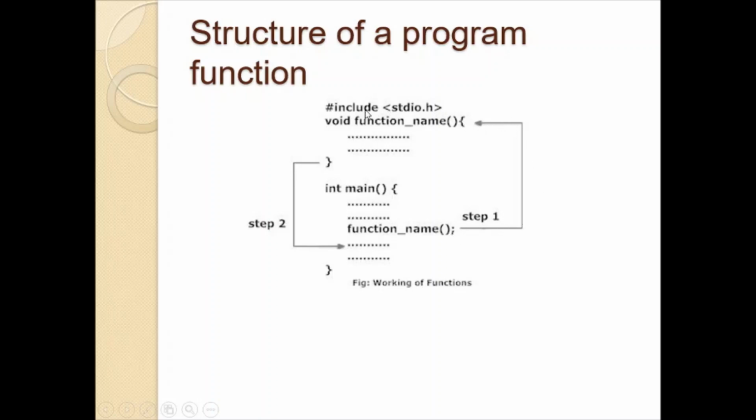Then control will be here and it is going to execute all the statements which we have written within the function. Once these executions are done, the control is going to return back, which you can see as step 2. The control returns to the main function and executes all other statements after the function call. So this is how functions work in a program.